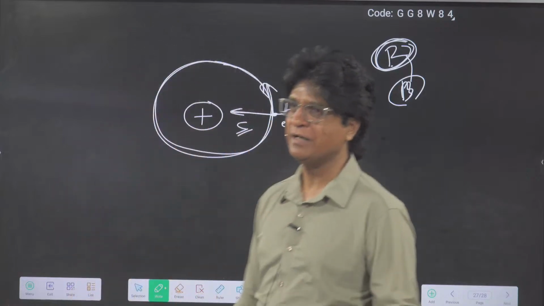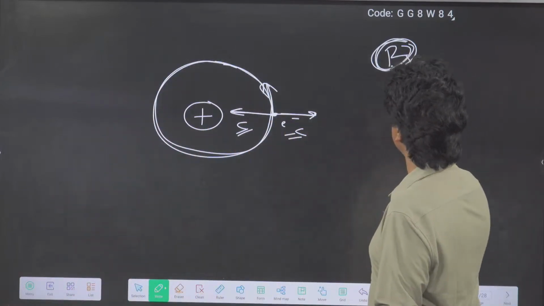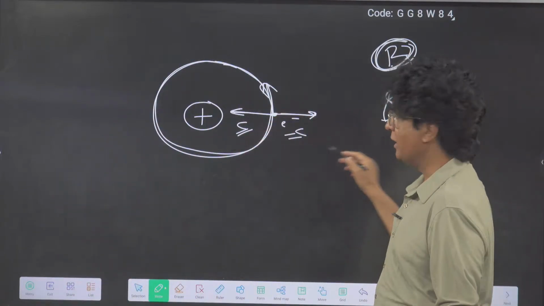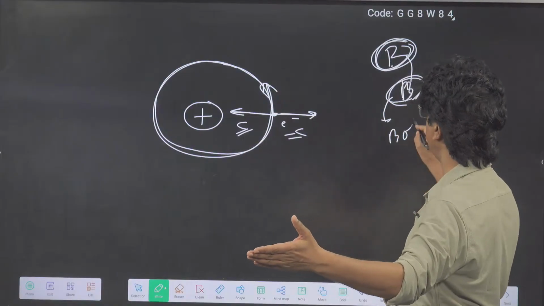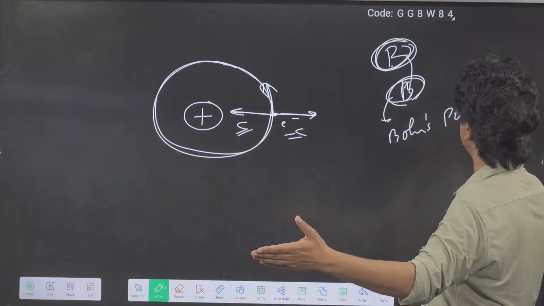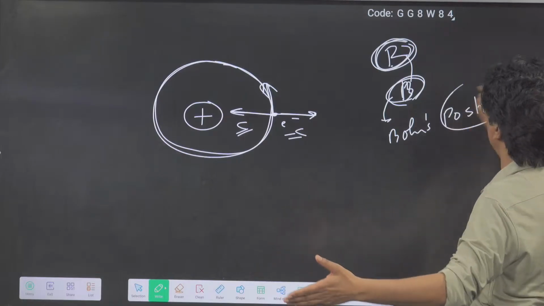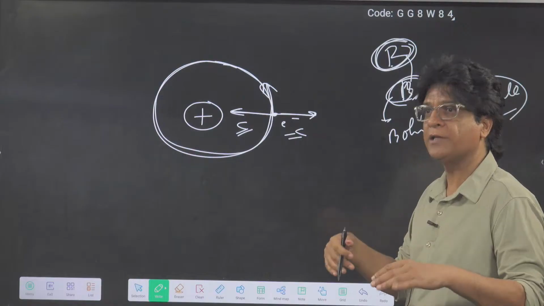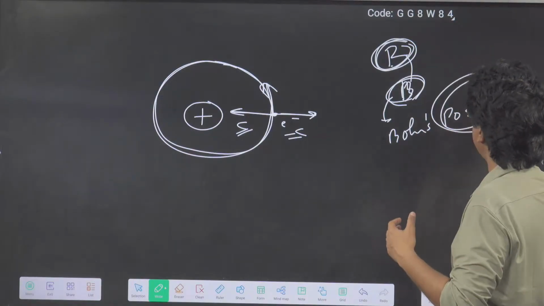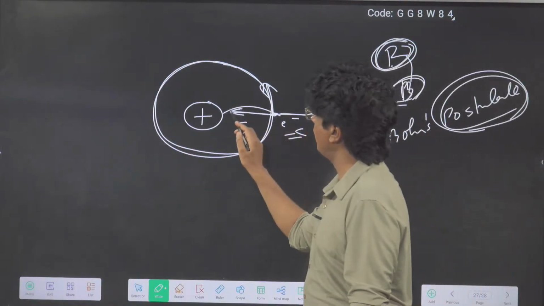Right, correct. But what I'm saying is, even when Bohr was giving all these things, we study them under the heading called Bohr's postulates. What do you mean by postulate? Assumptions. And science does not work on assumption. Bohr had no idea why this electron is not going to fall inside.